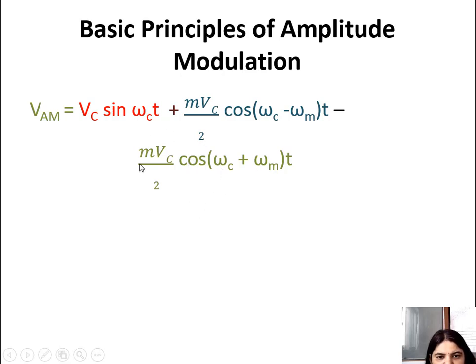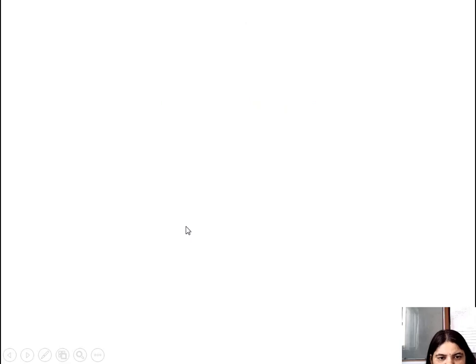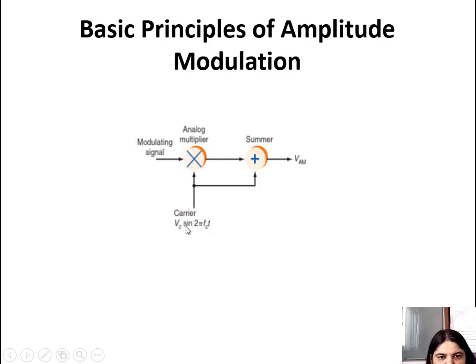So basically we need circuitry that will generate such kinds of waves. The basic principle behind the amplitude modulation circuit is that I need a multiplier. That multiplier will multiply two signals.